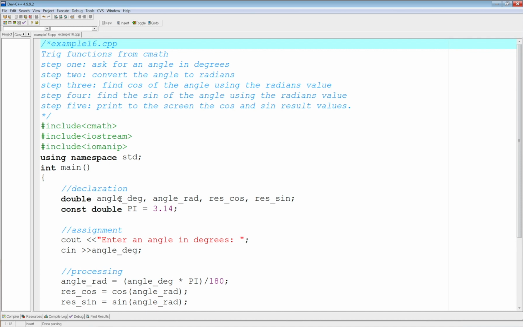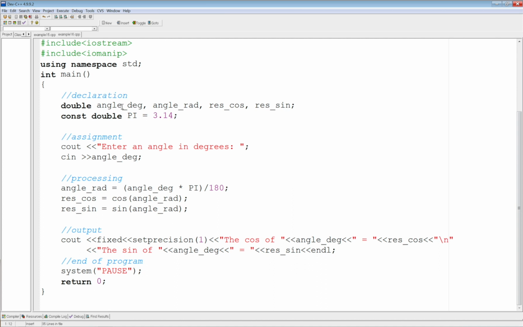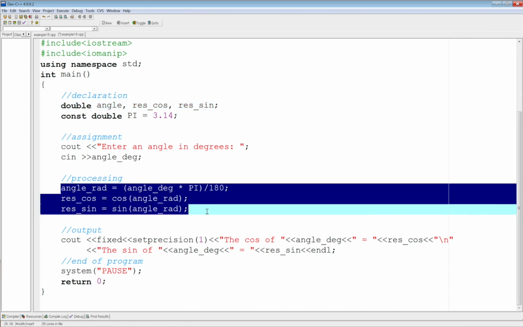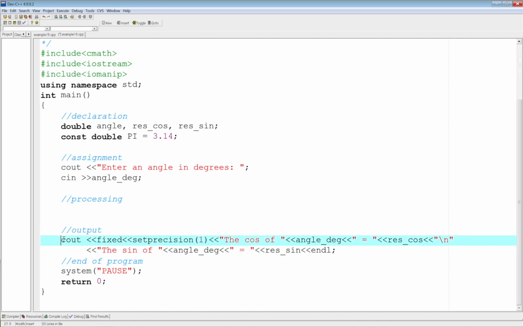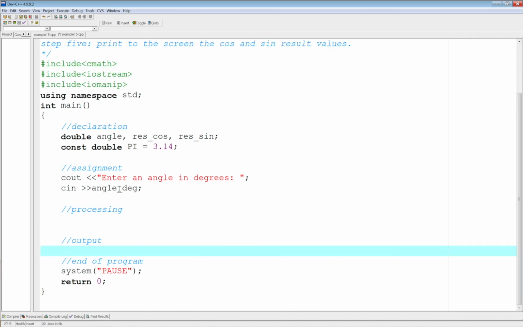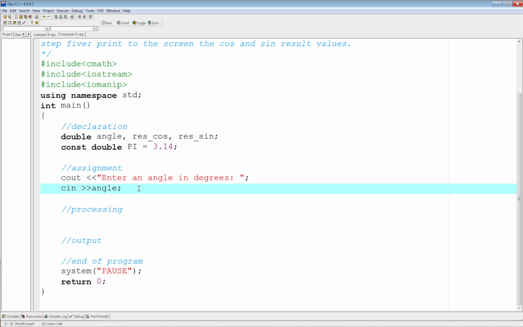And what I'm going to have is basically, I'm going to make this a little more efficient. Let's call angle. Notice I removed the angle degrees and the angle radians. Okay? And let's redo everything here. And basically, I'm going to ask for the angle like this.